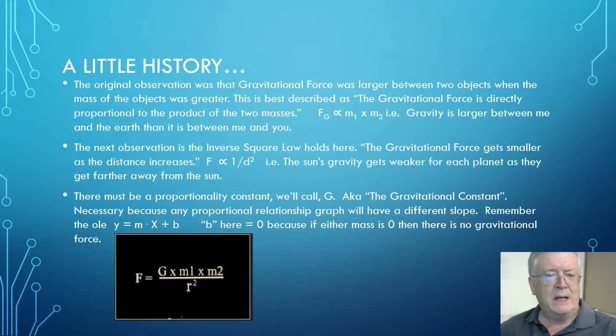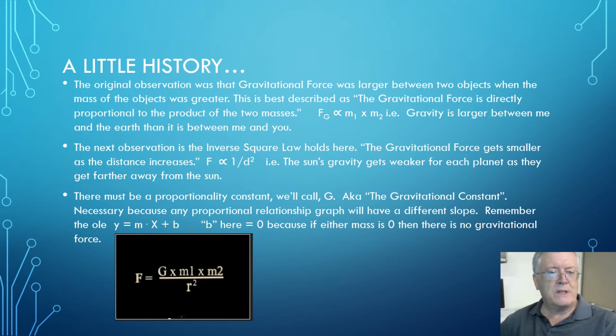This should be a pretty obvious observation. For example, the sun's gravity gets weaker for each planet as you get farther away from the sun. So that equation there is force is proportional to 1 over the distance squared.